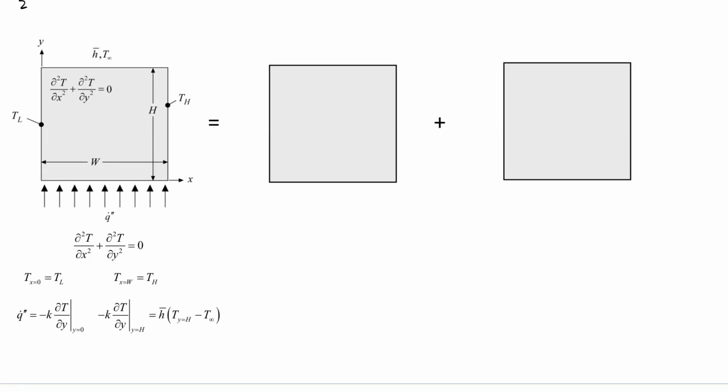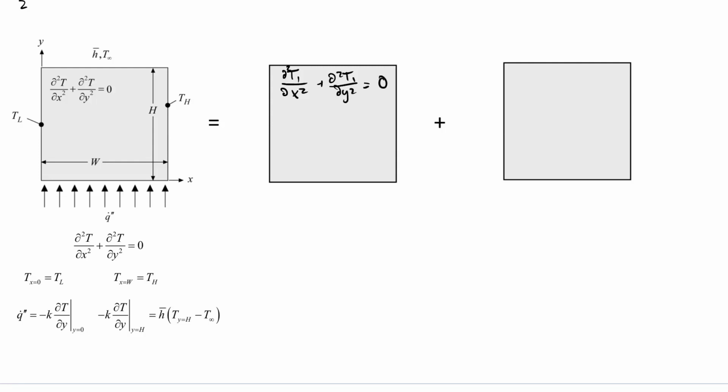So how do we actually come up with two equivalent problems that we can add back together that give us our solution? So first thing is, right, let's get the PDE. So let's say first we're going to say d squared T1 dx squared plus d squared T1 dy squared is equal to 0.